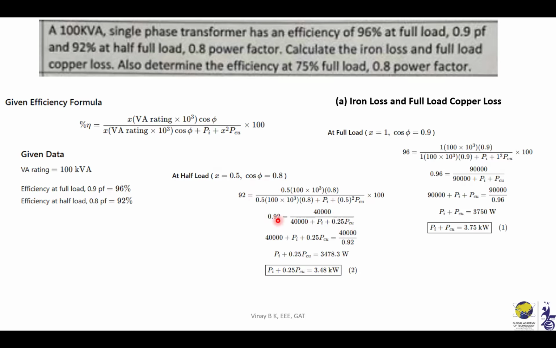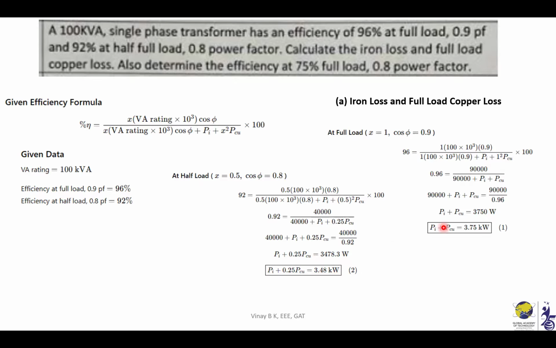Interchange this denominator and LHS side. You will get 40,000 plus Pi plus 0.25 PCU equals 40,000 divided by 0.92. And we just keep this as it is, send 40,000 to the right side and simplify. We'll get Pi plus 0.25 PCU equals 3478.3 watts, or else you can write that as 3.48 kilowatt.